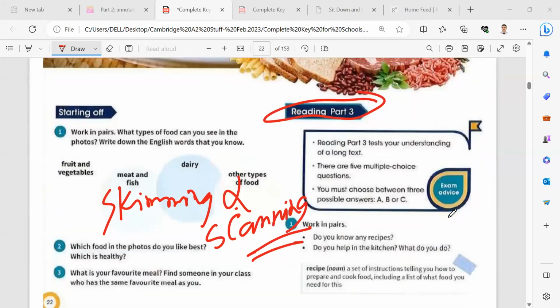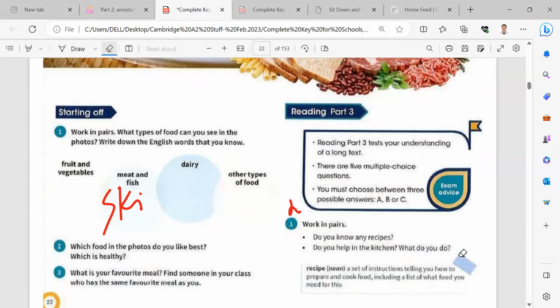Okay. But before we start, we have some exam advice. Can you read the exam advice, please? Reading part 3.